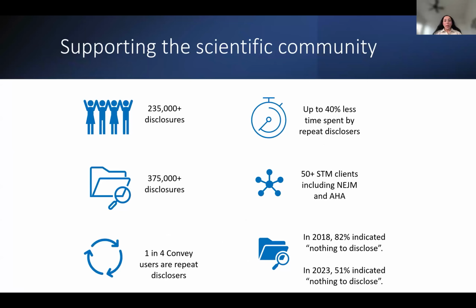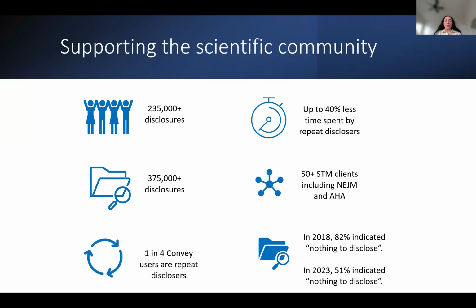Just taking a quick glance at Convey overall, it has helped improve the disclosure submission and collection process for both individuals and organizations. The core community for Convey is comprised, as I mentioned, of scientific societies, publishers, and academic medical centers.